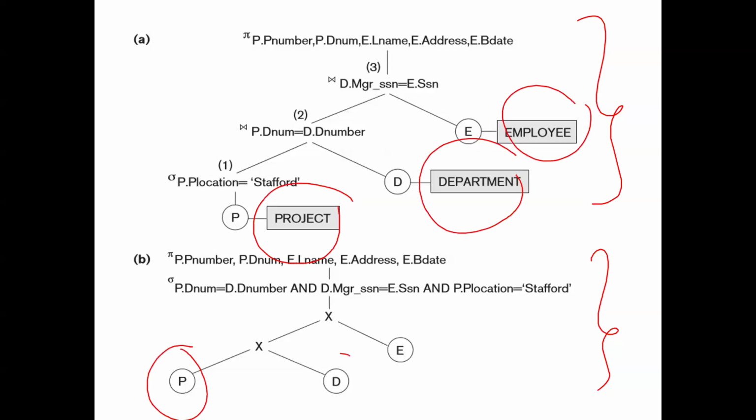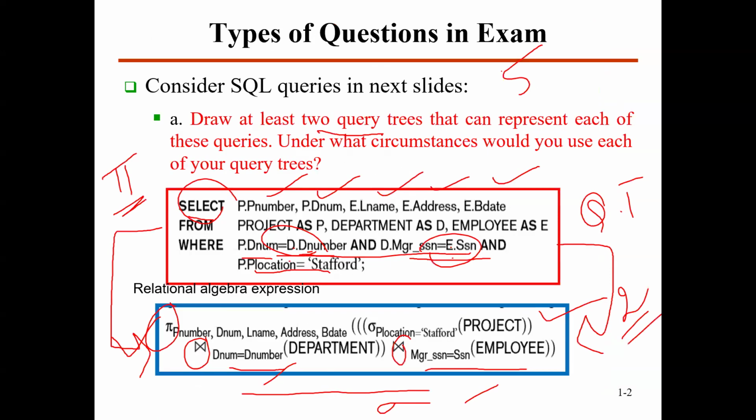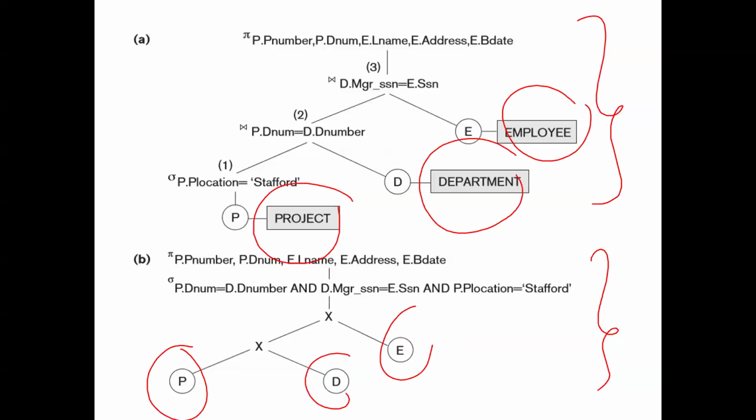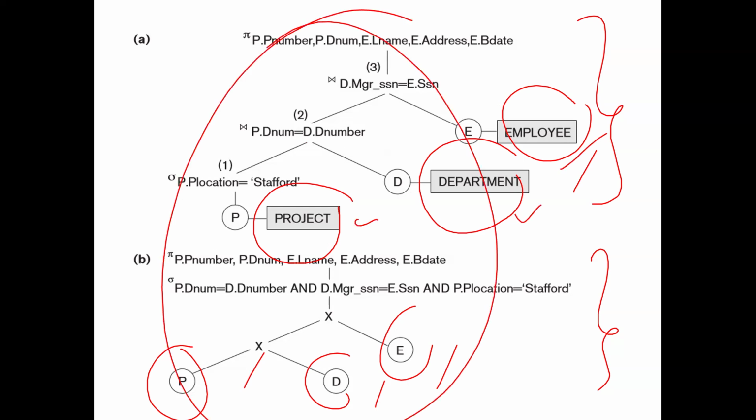We have these tables to take the values out of them. The query has project, department, and employee. That's it. Just understand these are the leaves of this big tree. We are going to discuss all these things after some time.